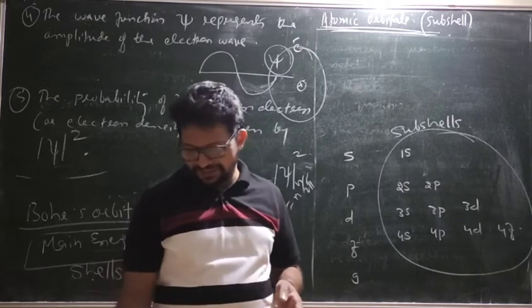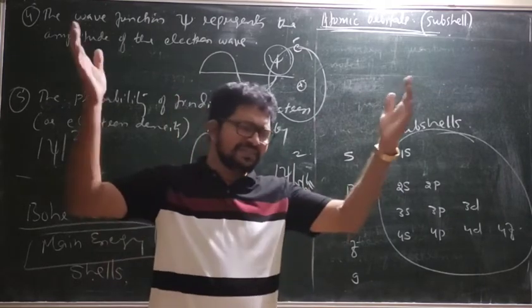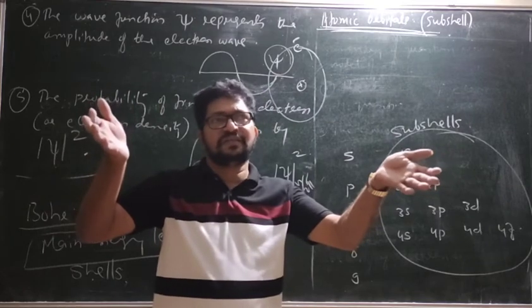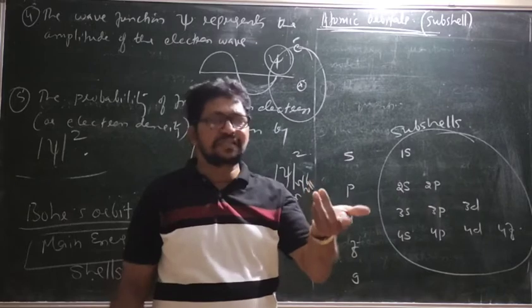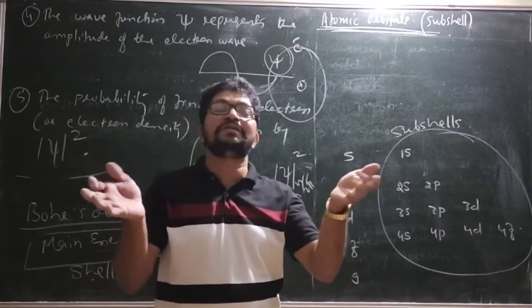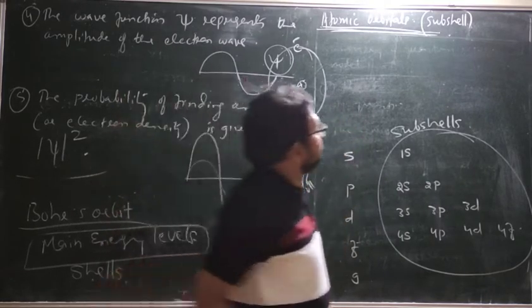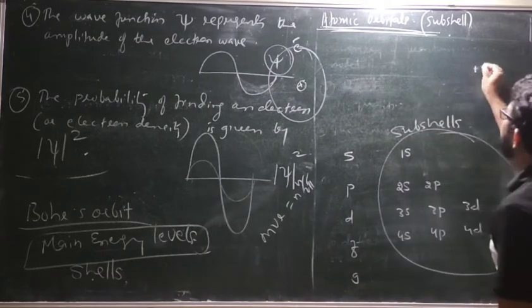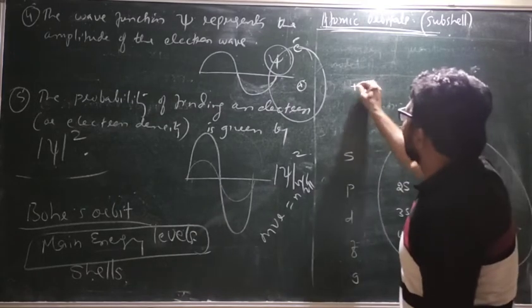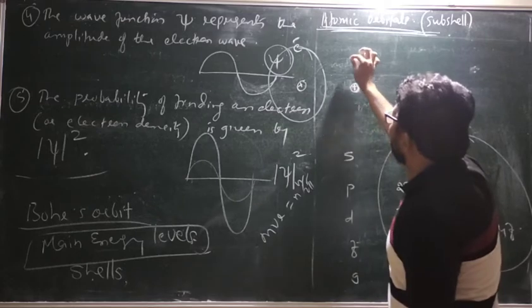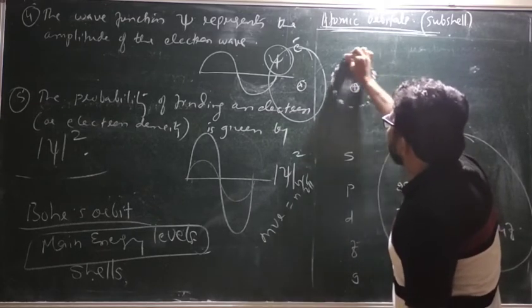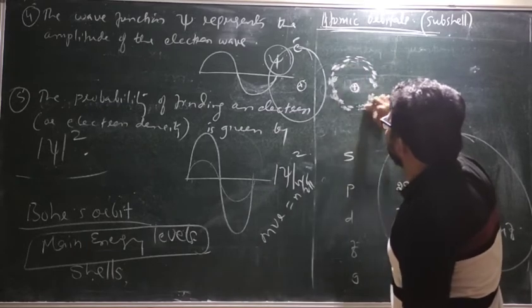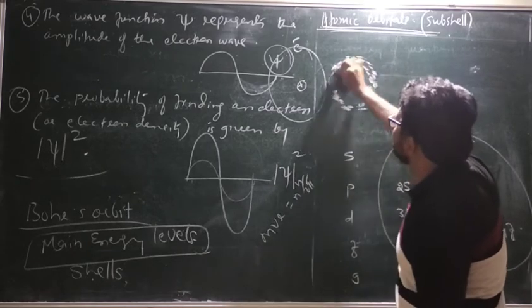So what is an orbital? The three-dimensional space around the nucleus of an atom where there is maximum probability of finding an electron. Now I'll try to picturize the s orbital. Around the nucleus, this is the spherical shape, three-dimensional space.